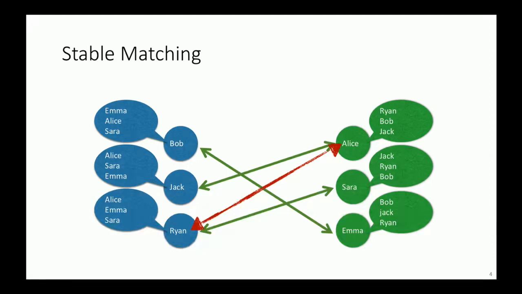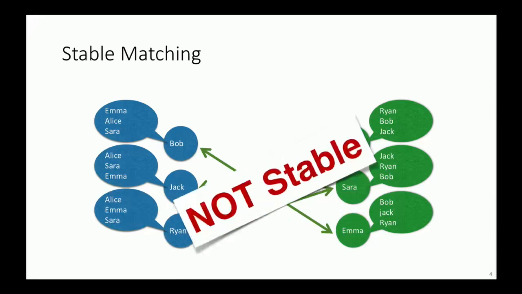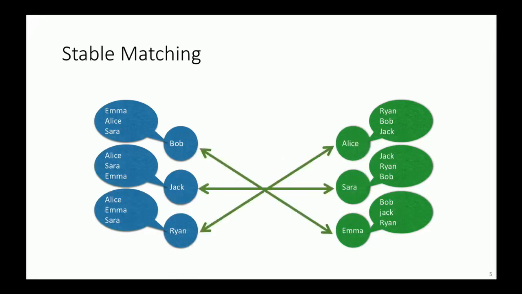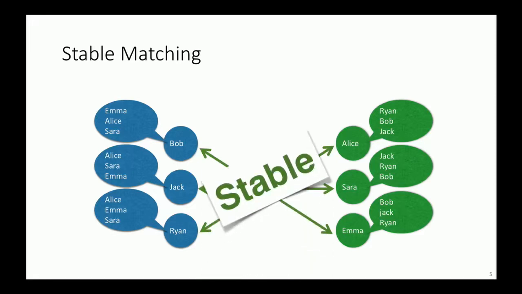And also Ryan prefers Alice over Sarah, his currently assigned partner. So this is not a stable match. However, if you assign them in this order, there is no pair that violates the condition, and therefore it's a true stable match.